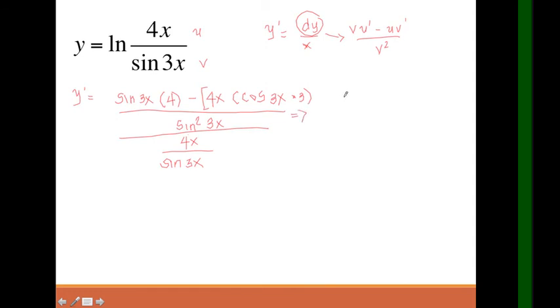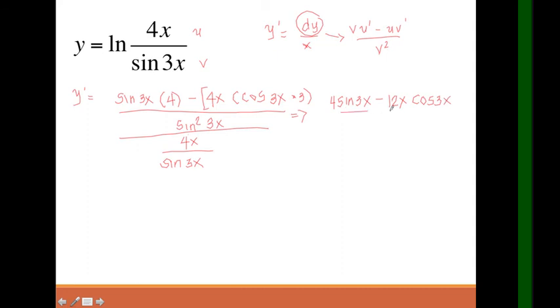So, that is equal to 4 sine 3x minus, this is 12, no? 3 times 4 is 12. So, we have negative 12x cosine 3x. Okay?